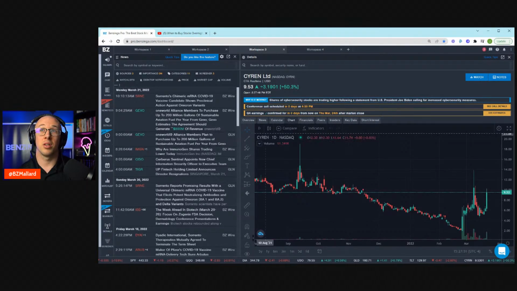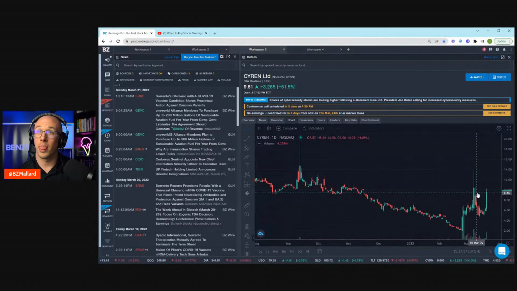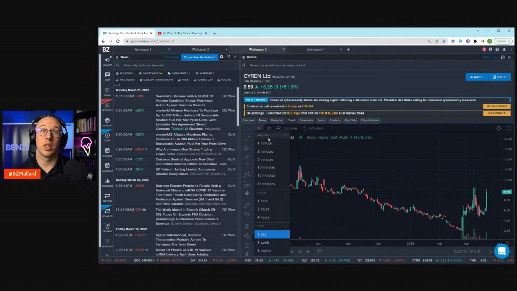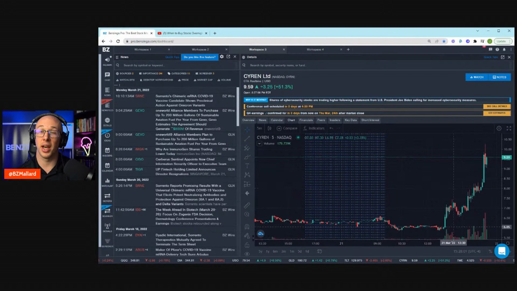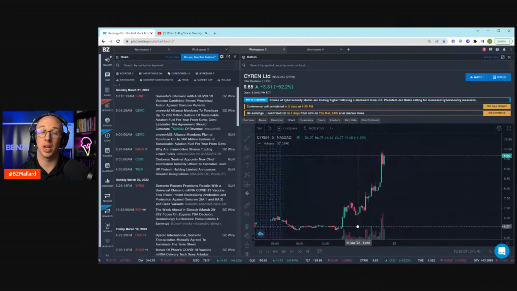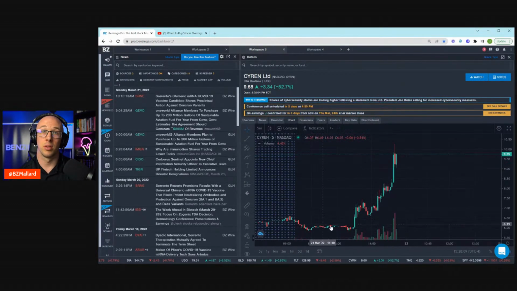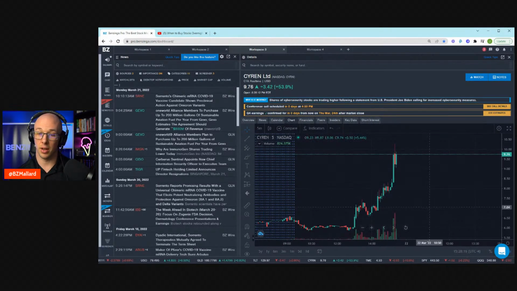This apparently also falls into the cybersecurity space, according to my news desk. What was that looking like on the 5-minute chart? Wow. Multiple opportunities here today. That would have shown up on your scanner, as well as the movers tool. So that's awesome.